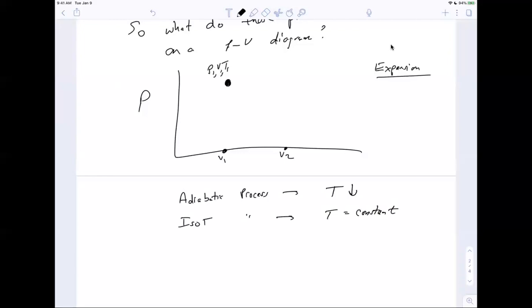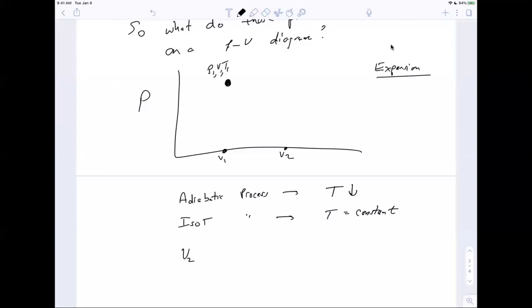So in one case, the temperature goes down, and in the other case, the temperature is constant, okay? So based on what you know about how temperature and volume are related, if you have a gas expanding, and this is just thinking about an ideal gas, what would you say about the final volumes in the adiabatic and isothermal cases, knowing that in one case the temperature falls and in the other case temperature is constant? How would the two final volumes V2 compare?